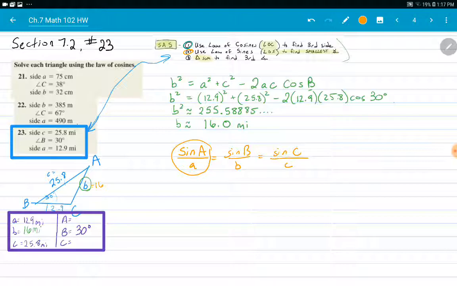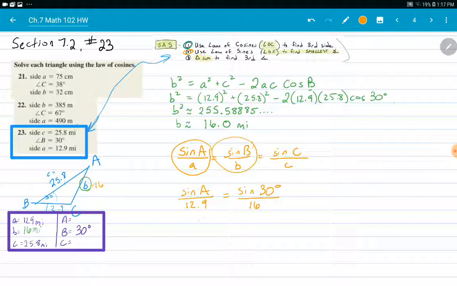So I'll use B, which I just found. So sine of A over side A, 12.9, equals sine of B, sine of 30 degrees, over side B, 16.